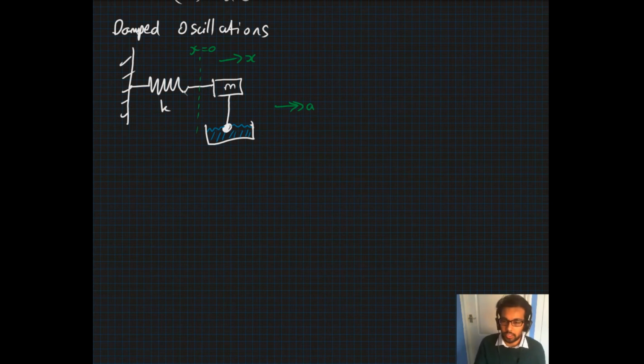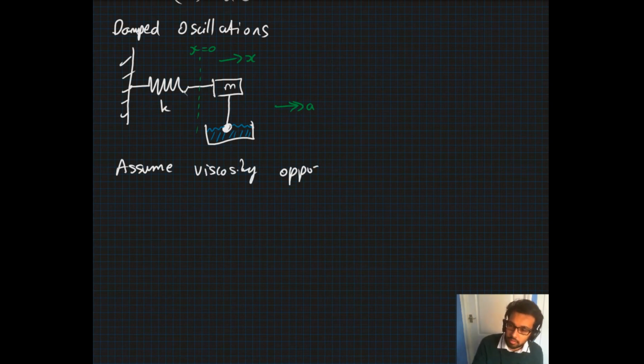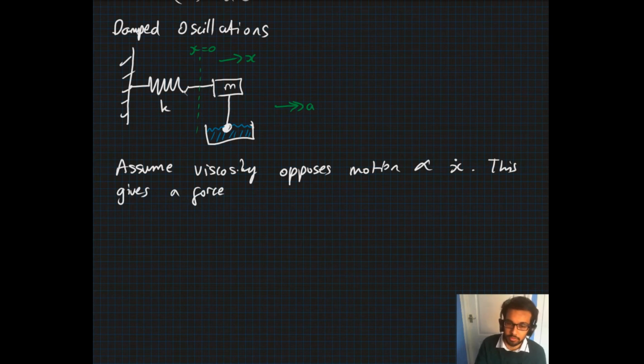Okay, so we assume, this is an assumption that we're making, that viscosity opposes the motion proportionally to the speed x dot. So this gives a force, a viscous force, minus b x dot, where b is a constant which controls the strength of the damping.